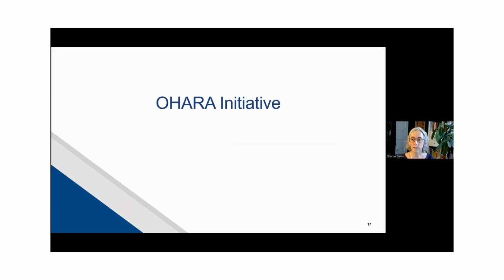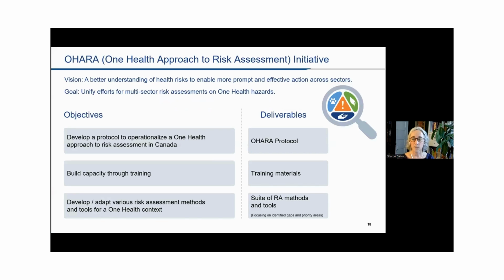So I'll provide a little bit of an overview now of our OHARA initiative. We've started with 3 main objectives for the initiative, though there may be more as time goes on. The first is to develop a protocol. We're actually in debates right now about whether the best term is protocol, or if it's more like a framework or more like guidance.